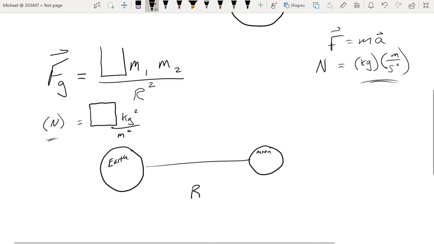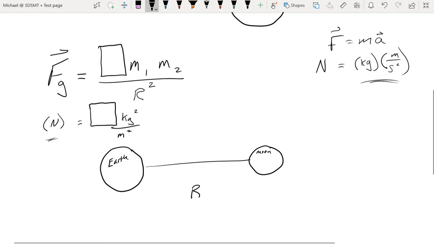And Newton also realized that because whenever he would plug in the numbers for the masses of these objects and their separation distance, he was getting values that were just way too big.